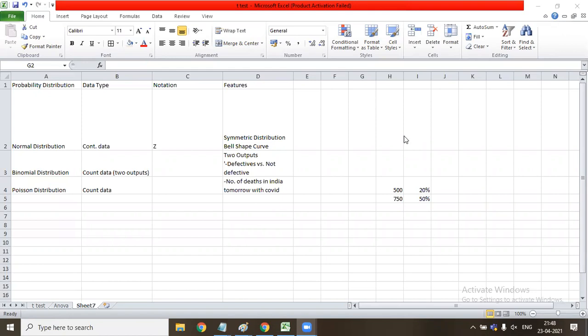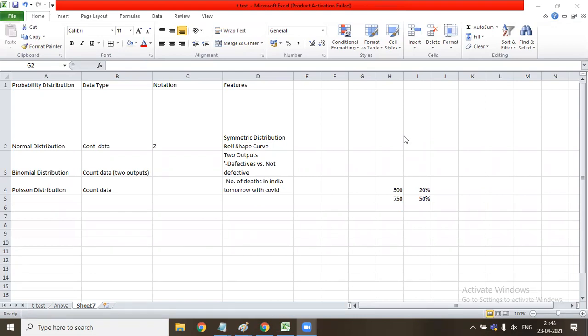This kind of probability is measured using the Poisson distribution. So the example I've taken is the number of deaths in India tomorrow because of COVID.